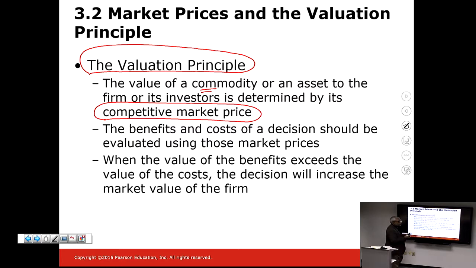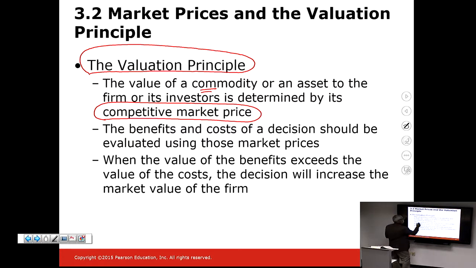So we have to look for marketplaces where assets can be bought and sold fairly easily, markets where there are multiple players, both buyers and sellers, so it creates a sense of competition, and markets that also have transparency with their information. It is not difficult to find out information that is relevant to determine the fair value of an asset.